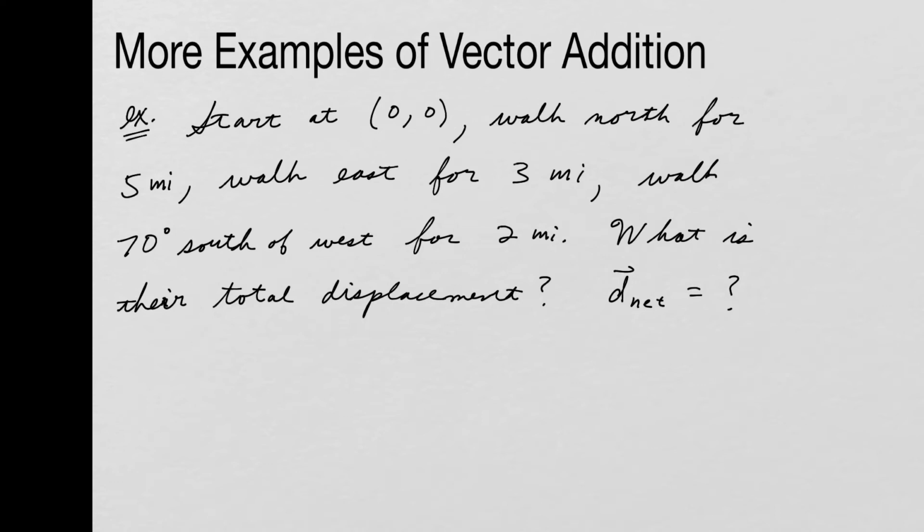Okay, so first of all, to get an idea of what's going on here, let's kind of sketch this out. So first thing they do is they start at 0, 0. So if I draw a coordinate system here, okay, so let's say this is 0, 0. And they walk north for 5 miles.